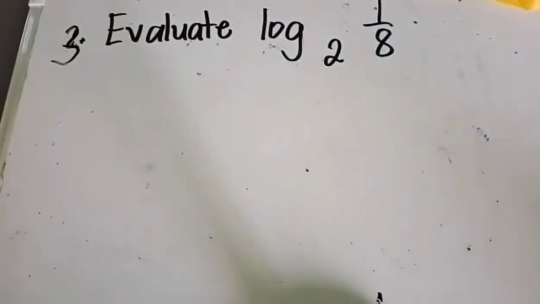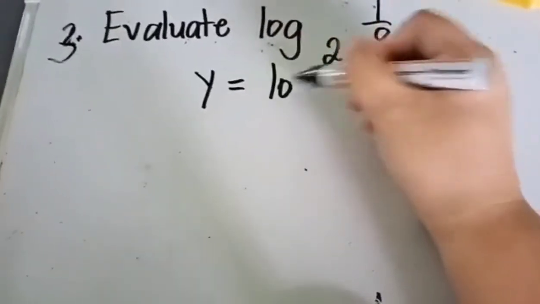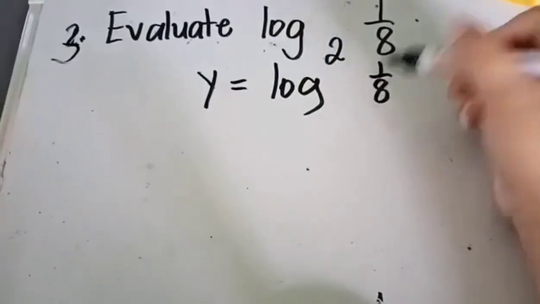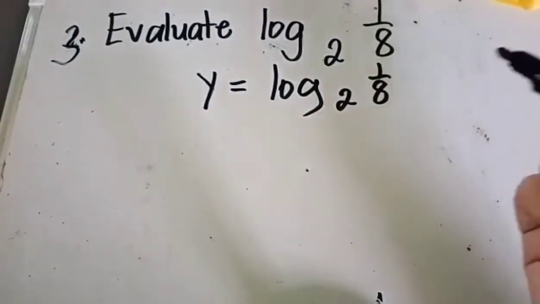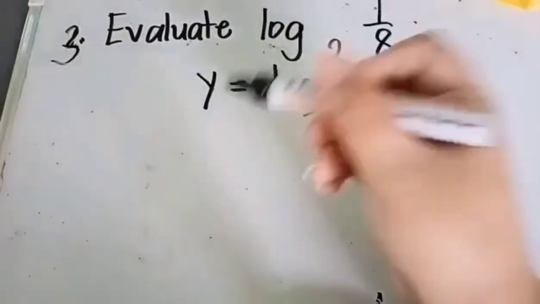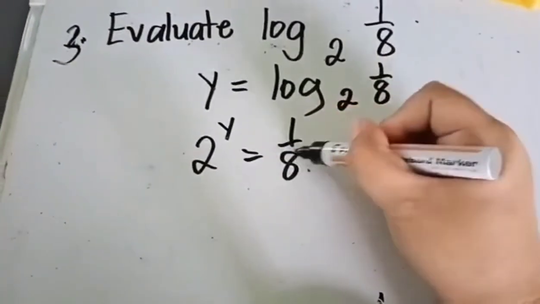Evaluate the logarithm of 1 over 8 to the base 2. Again, we let y is equivalent to the logarithm of 1 over 8 to the base 2. We need to express the equation in exponential form. So we have here 2 to the power of y is equivalent to 1 over 8.